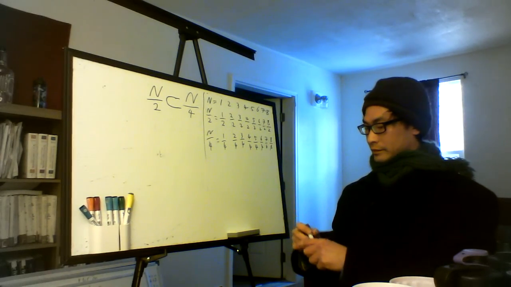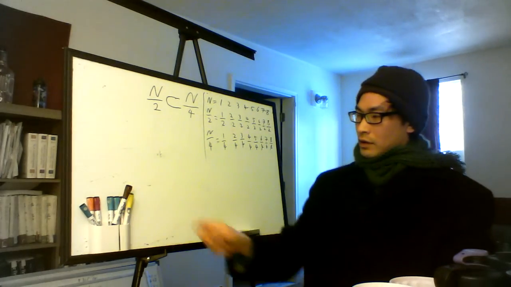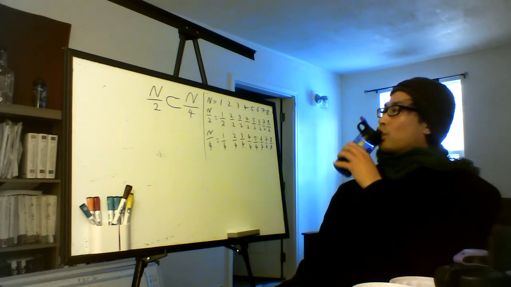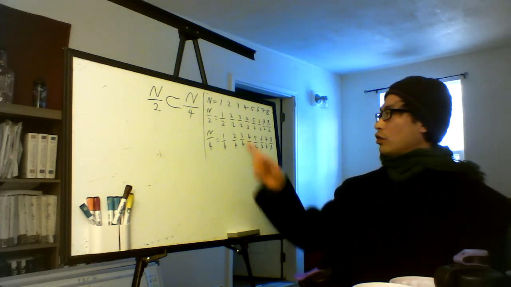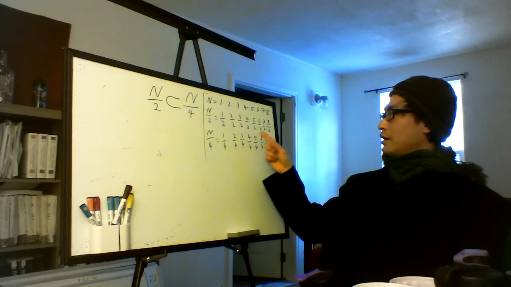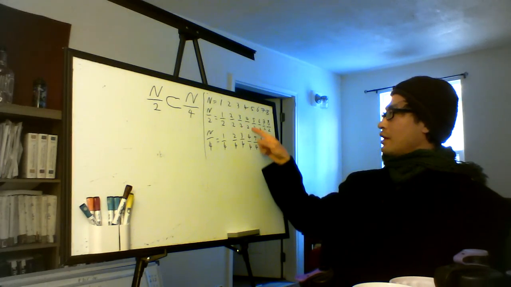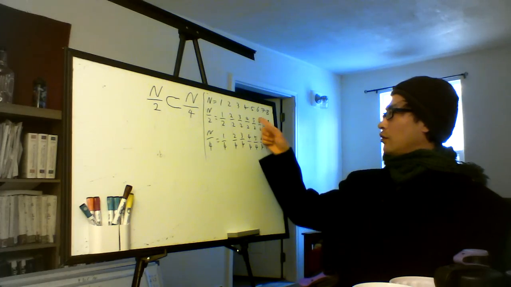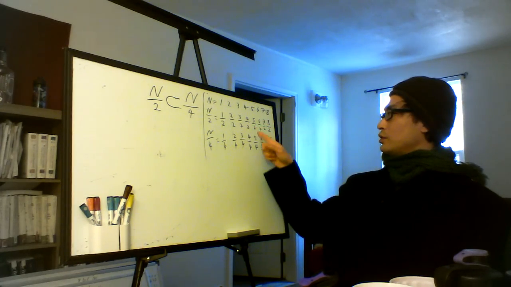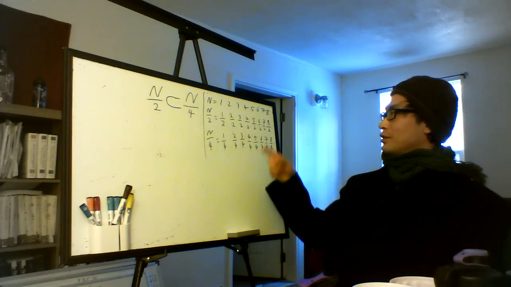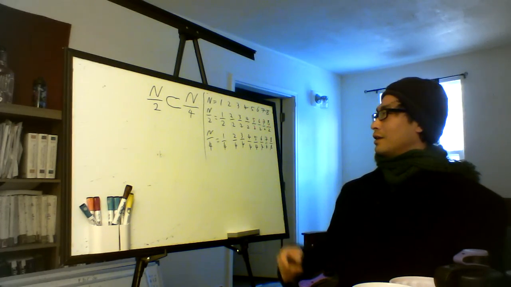One over two, yeah, 2/4. 2/2, yeah, 4/4. 3/2, yes, 6/4. 4/2, yeah, 8/4. Because you just multiply both numerator and denominator by 2, then you get it.